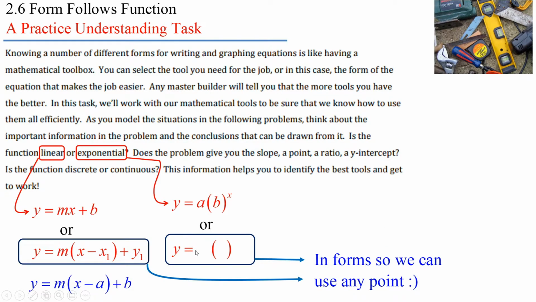And our a, again, that is the first output, or could be the output of the point we know, and we call that y sub 1. And then our base is still our base. And then, like up here, this is actually x minus 0. Here, I'm going to write this as x minus x sub 1. And in this form, I can use any point on my curve and do the exponential function from there. Very cool.